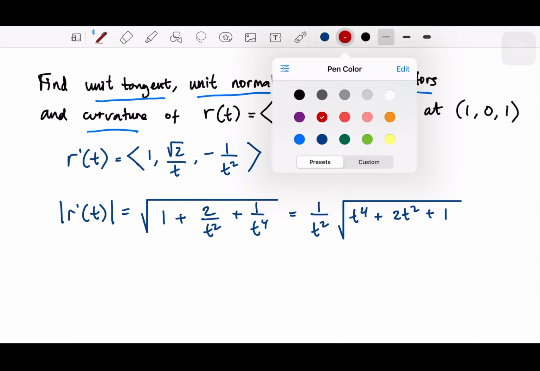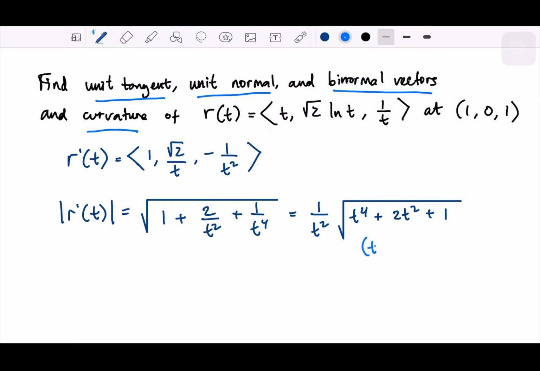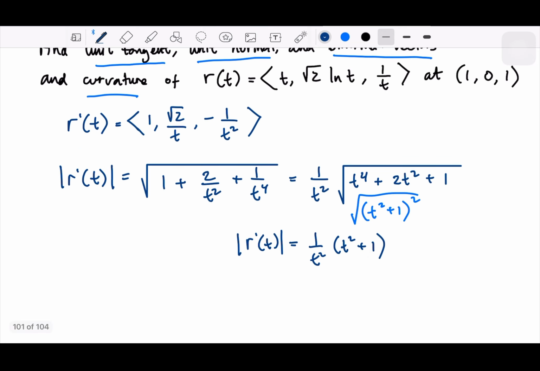Then we can take this as T squared plus 1, squared. So this will be the magnitude of R prime. And because T squared plus 1 is always positive, we are just taking the positive one.